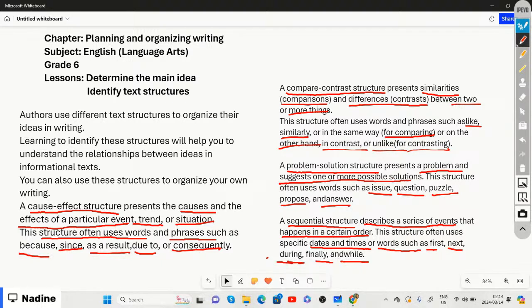The four types of structures are the cause-effect structure, the compare and contrast structure, the problem solution structure, as well as the sequential structure.